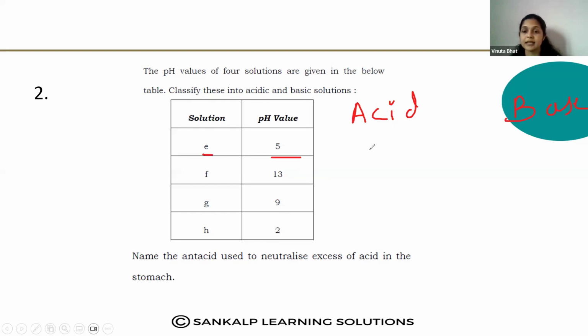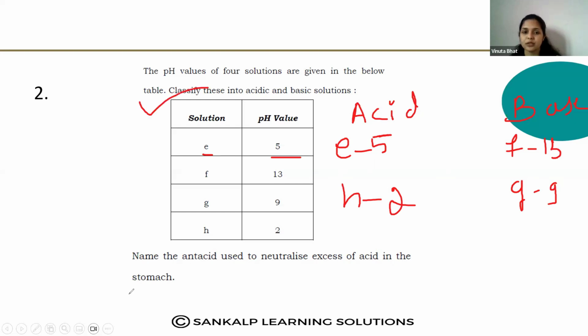E, which is 5, and H, 2. These two are acids because they have pH value less than 7. And bases: F, 13, is a base and G, 9, is a base. So this is the answer for the first question.